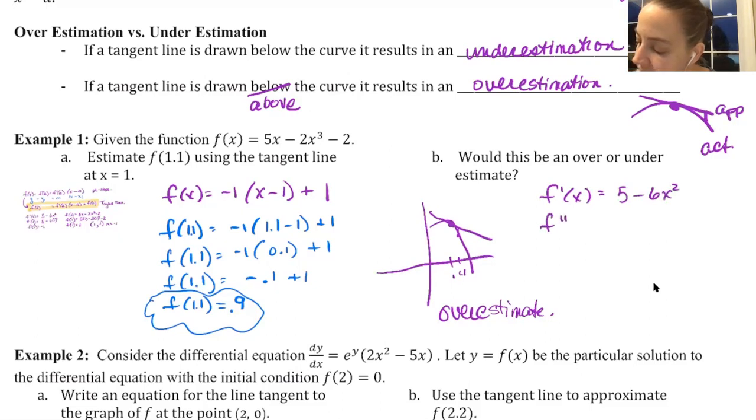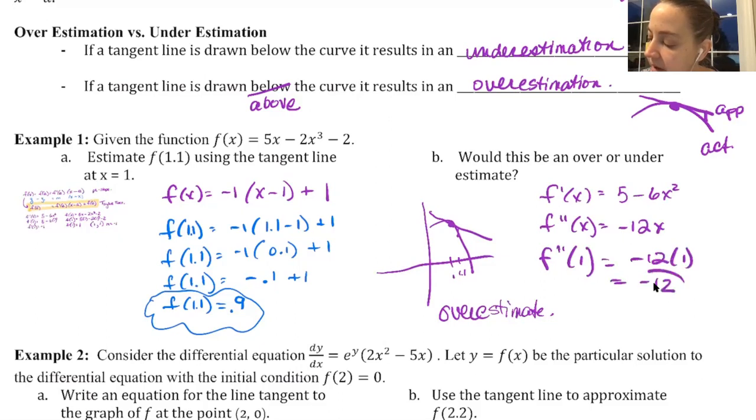The second derivative is a negative 12x. So we want to test it at 1. So the second derivative at 1 is negative 12 times 1, which is negative 12. Now, if it's a negative value, this is concave down.